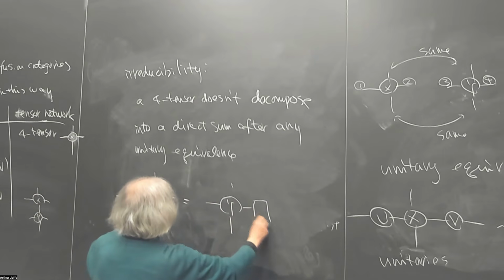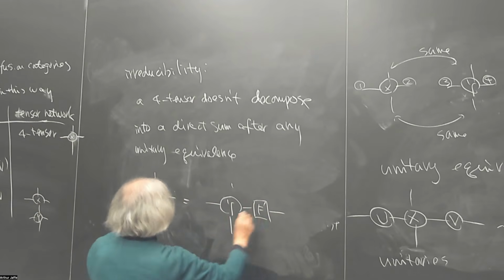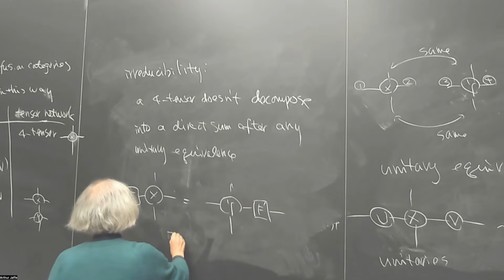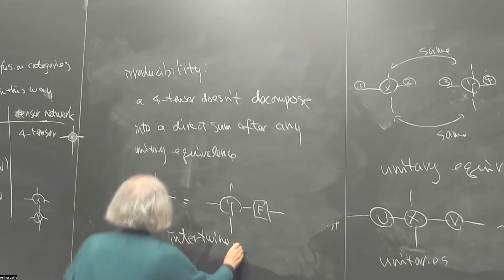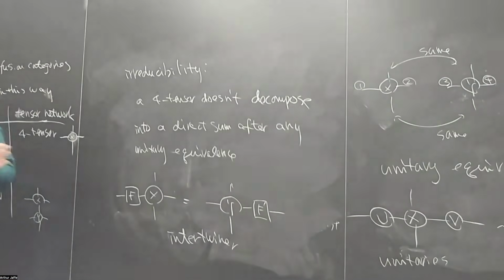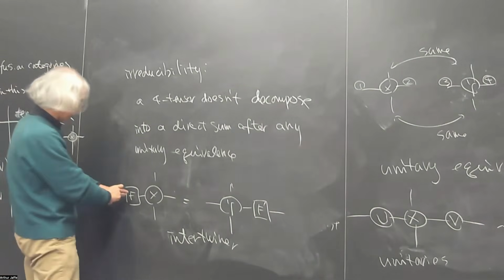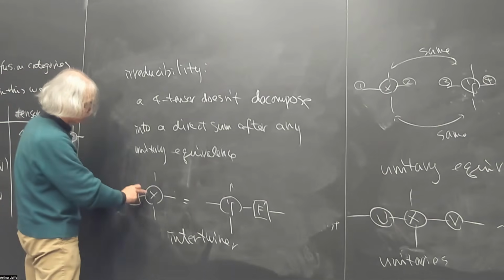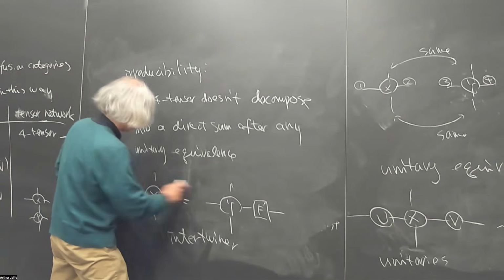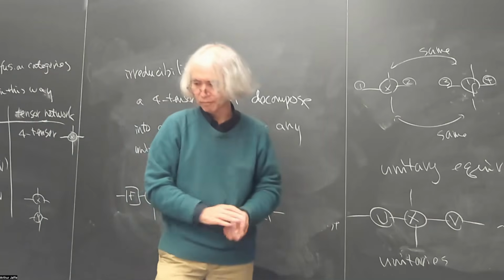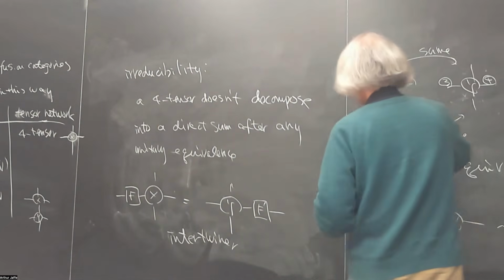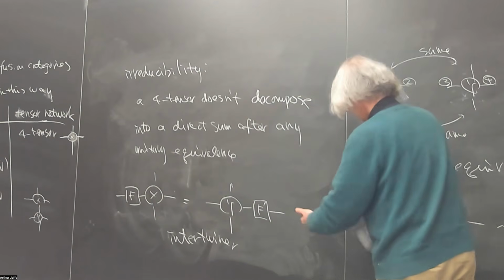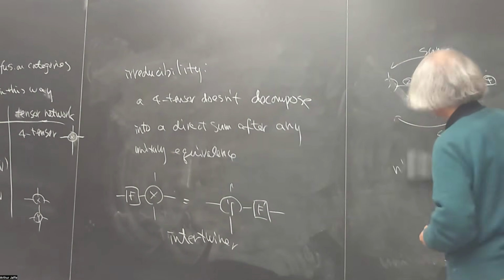And so this is an intertwiner. And F and F prime are somehow related as a pair. So if F goes over X, it becomes Y and it changes to F prime. This kind of pair is a notion of intertwiner. So this kind of thing has been studied by physicists.